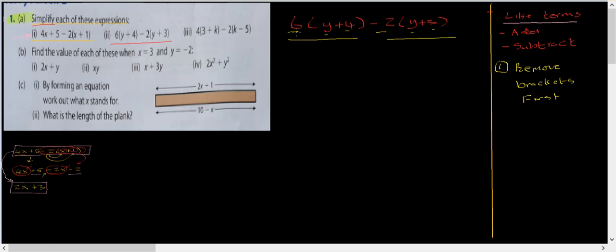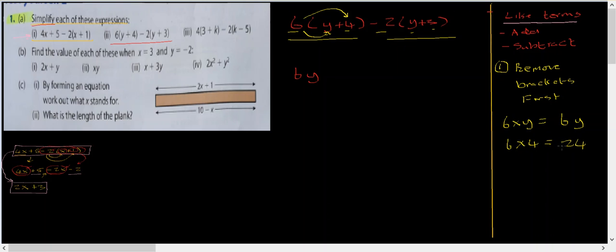So if we do these down here, 6 multiplied by y, that's going to be equal to 6y. So 6 by y gives us 6y. So let's put that down here. So 6y. So the next one then is 6 multiplied by 4. 6 and 6 is 12, 12 and 12 is 24.